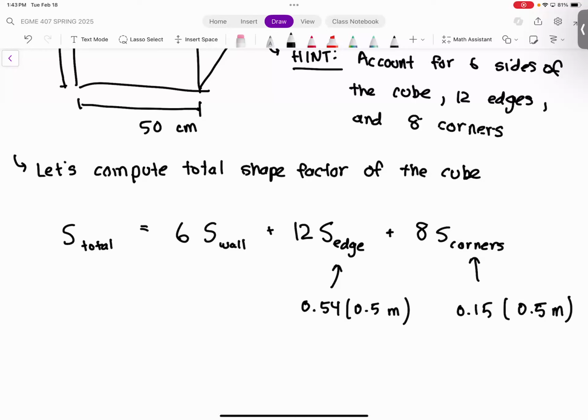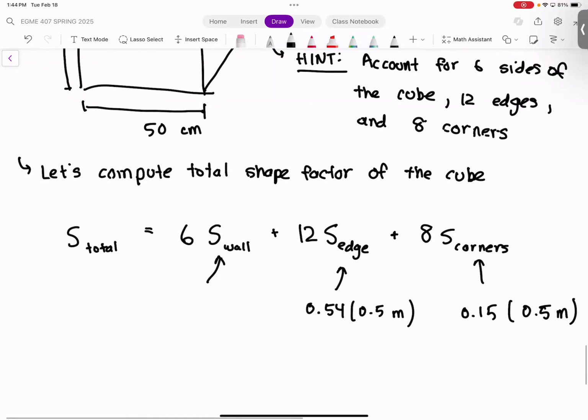And then for the walls, I didn't give you the shape factor for the walls, but technically the walls are just a planar surface. And so the shape factor for the walls is actually the area, or the surface area of the wall divided by the thickness of the wall itself. And I think I actually forgot to give you the thickness of the walls.